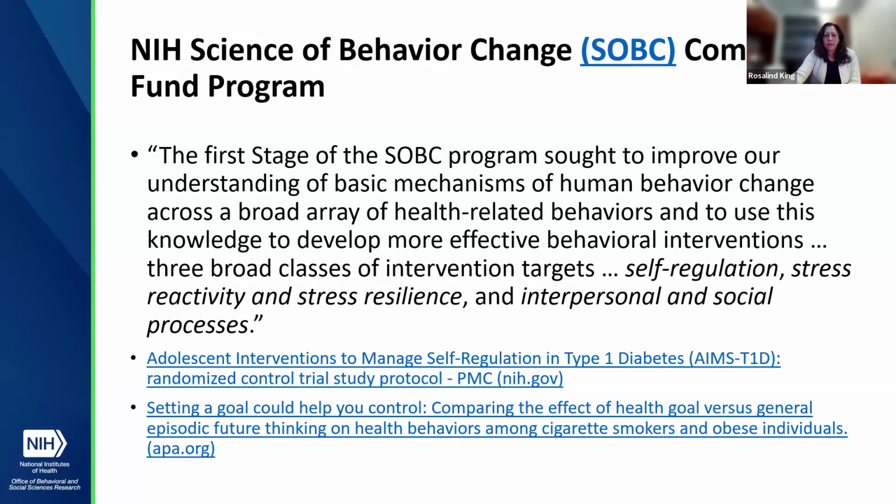So the first representative project that I have listed focused on the use of medications and devices in adolescents with type 1 diabetes. Self-regulation, which is the capacity to control one's thoughts, emotions, and behaviors to reach a desired goal, shapes health outcomes through many pathways, including supporting adherence to medical treatment regimens. In the case of type 1 diabetes, these daily treatment regimens can be arduous and effortful.